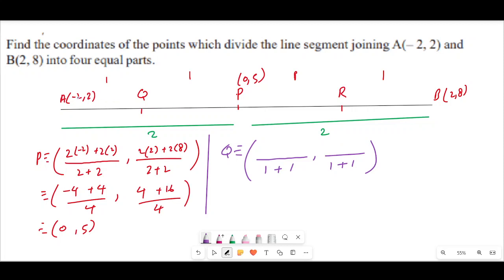Then minus 2 and plus 0, minus 2 plus 0 and 2 plus 5. This will be minus 2 by 2, that means minus 1, and 5 to 7, 7 by 2. Clear? I got the value of Q, that is minus 1 and 7 by 2. Clear?